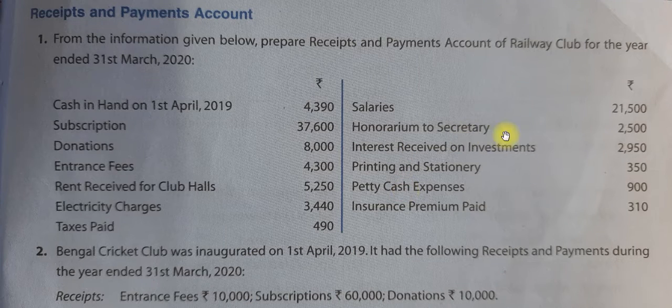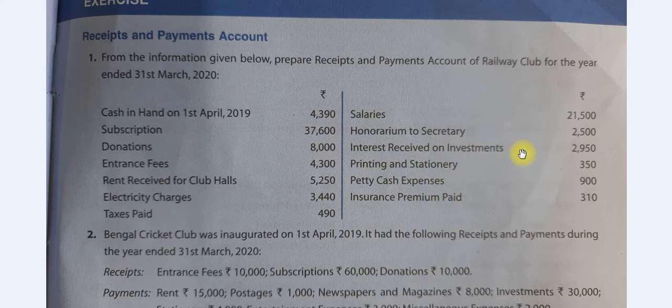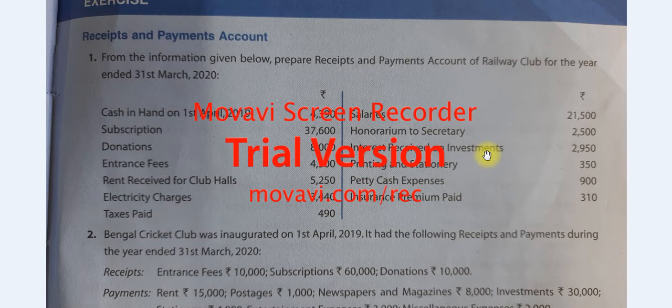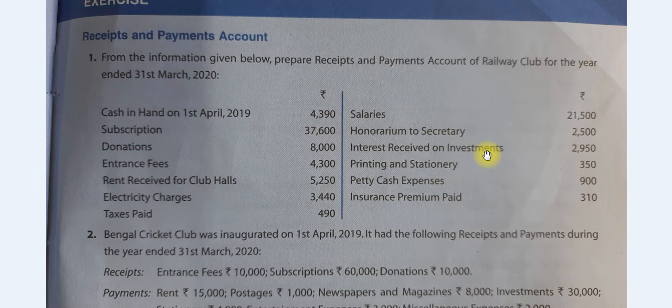Next, interest received on investment. Once again, see, they have given this receipt item in between the payments, expenditures. So we must be very careful. So I always try to say, write down the nearby item where it will appear.